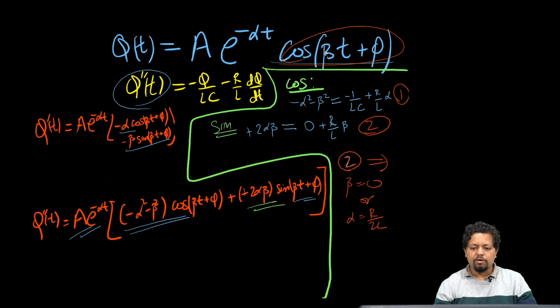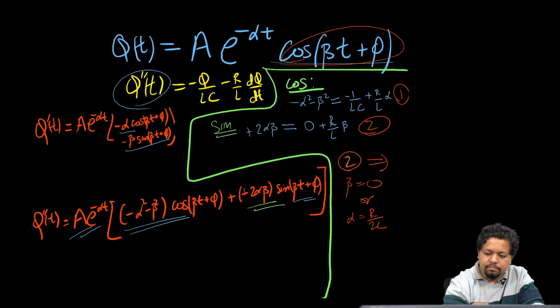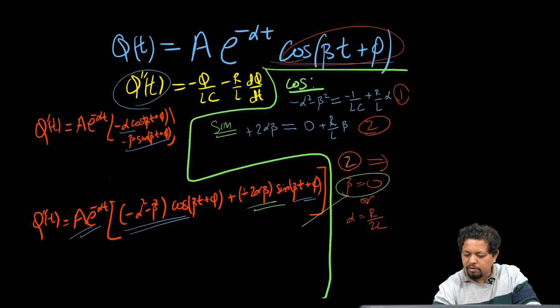That is a solution without any oscillation, and this is called the overdamped case. So beta equal to 0 gives me overdamped oscillators.